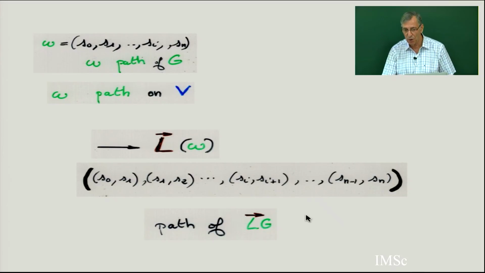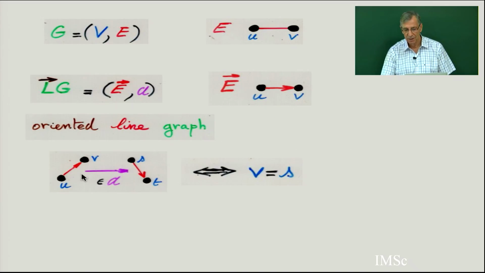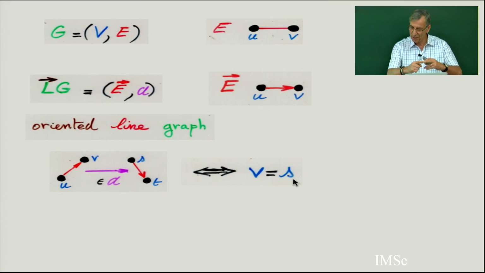So we define the oriented line graph. We have a graph, V, E, with some non-oriented edges. Then in the oriented line graph, the new vertices are the oriented edges. And then you put an edge between this vertex and this vertex if and only if V equals S. So we are working with a line graph: vertices are edges and adjacency is when two edges are adjacent.